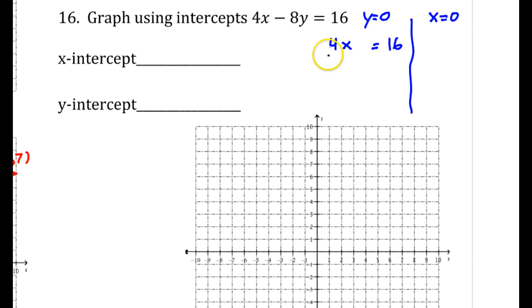So in a sense, the part that you plug in for 0 is going to cancel out. You know, x equals 4. So which one is this? Is this the y-intercept or the x-intercept? If you plot it, where's 4, 0? On the x-axis, that's the x-intercept.